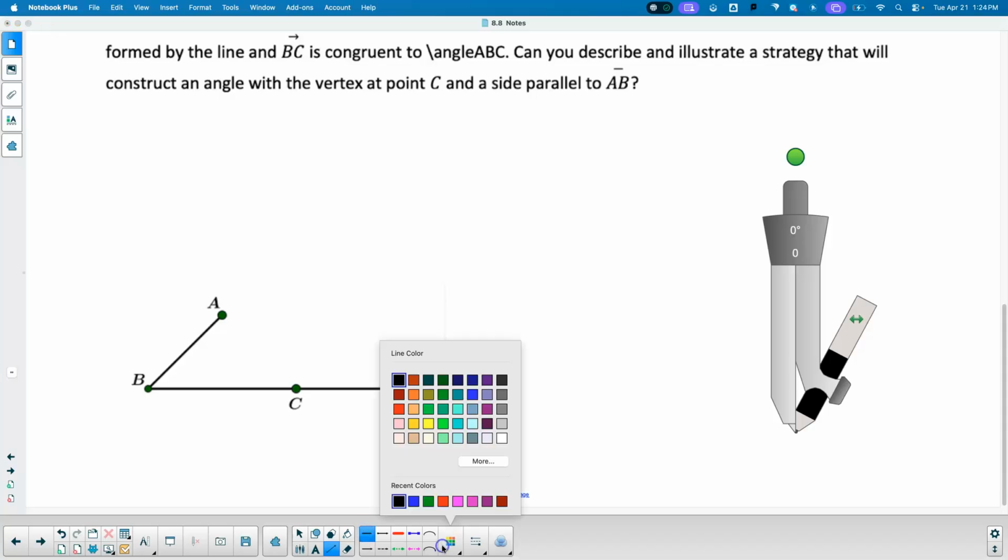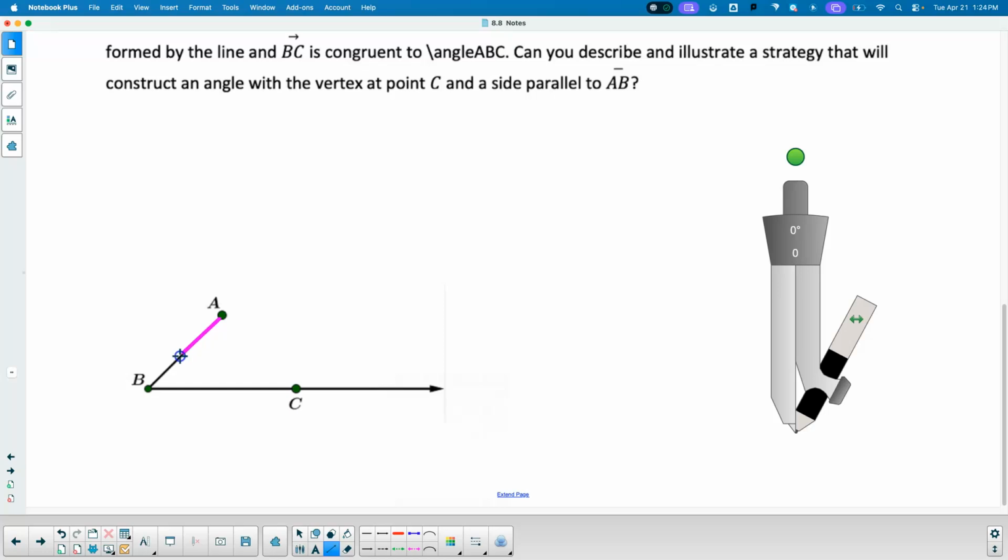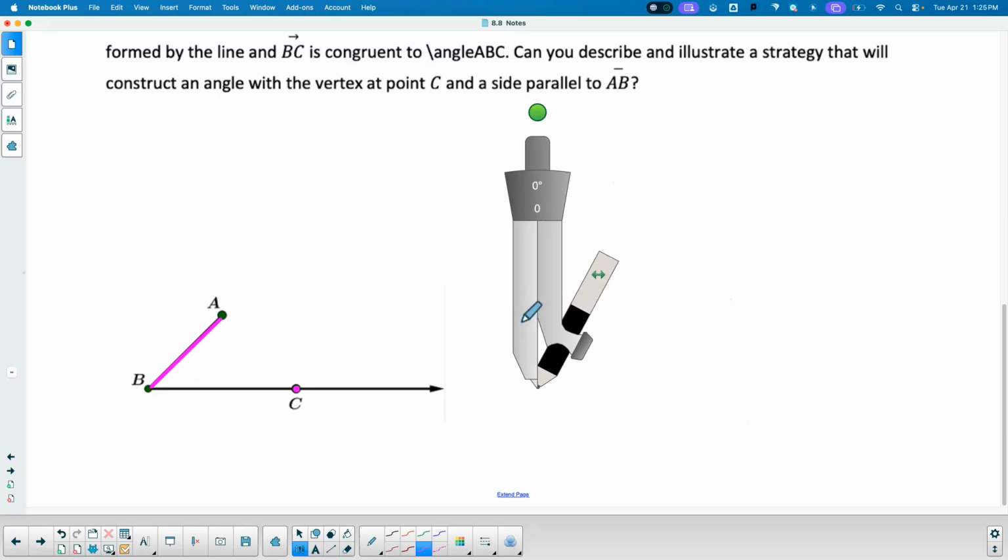So that again is we want to be parallel to this pink line, but we want it to be through point C. Now, the potential exists, wink, wink, nudge, nudge, that this could just be some random point.